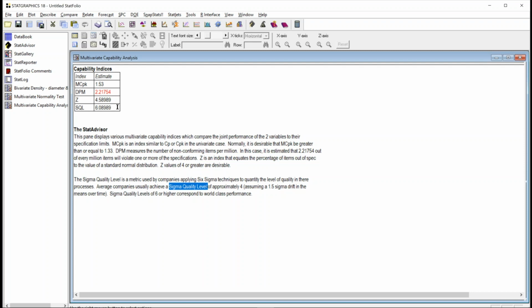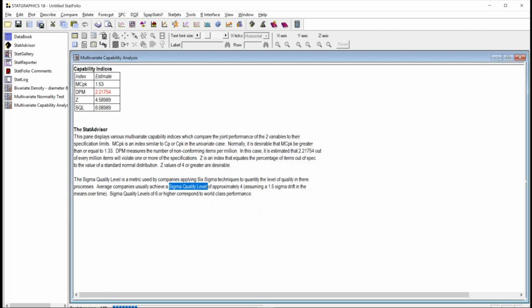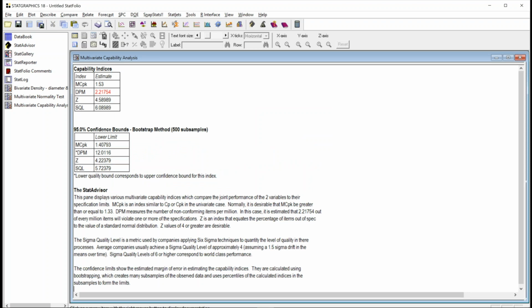Now, the interesting thing about that SQL is that it takes account of both diameter and strength and their joint behavior. If I press the right mouse button and go to Pane Options, I can also ask for lower confidence bounds on all those capability indices. That'll take a moment to do. It uses bootstrapping, which is something I can talk about in another webinar. Bootstrapping subsamples the data we have to give us 95% lower bounds on those statistics.